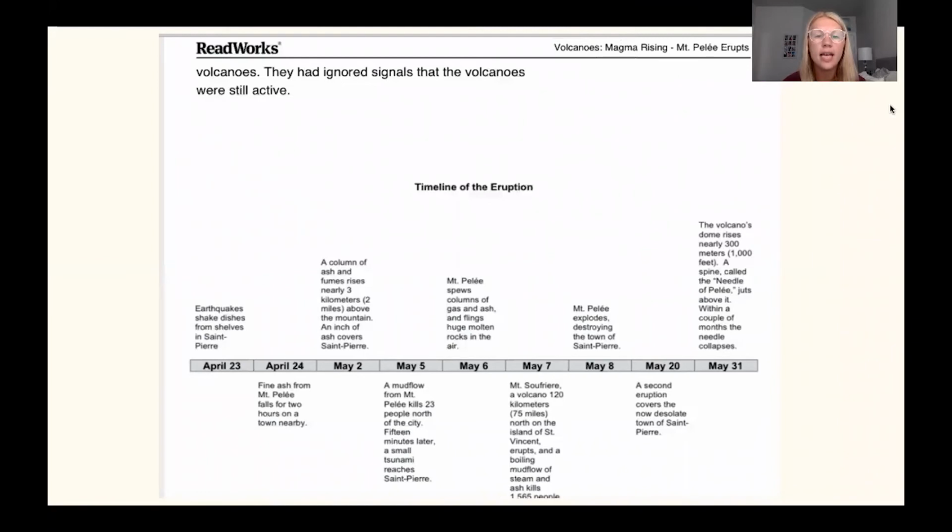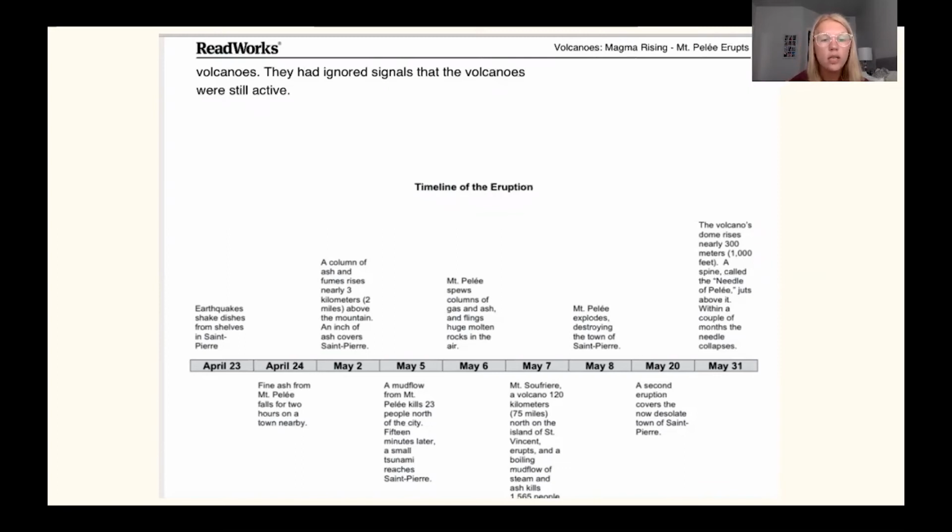Okay, now we have our timeline. If we look at the top, we can see our title of the timeline, which is Timeline of the Eruption. So if we start from left and we go to the right, according to the dates, it starts on April 23rd. On April 23rd, earthquakes shake dishes from shelves in St. Pierre.